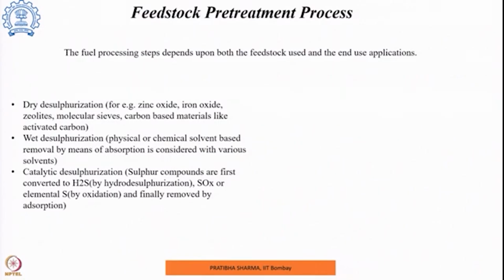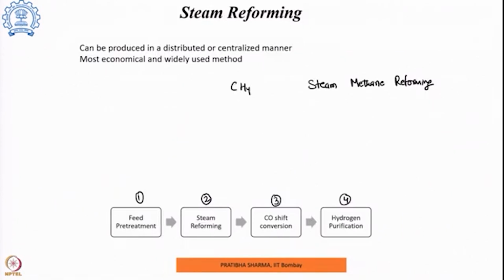Herein it depends which feedstock is being used for hydrogen production. Say for example, if methane is being used for hydrogen production, in that case the major impurities which we can see could be sulfur containing impurities which need to be removed.